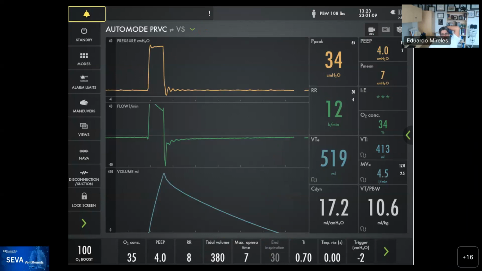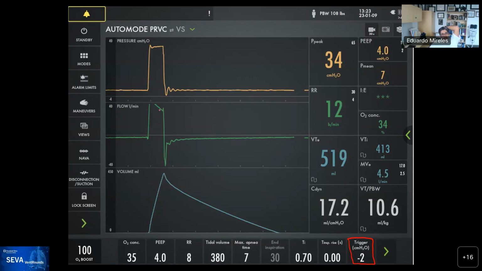And so what we did is we just changed the trigger to pressure, and this is the waveform that ensued immediately afterwards. And so you can still see the high resistance. You can see the absence of PMOS. I mean, you don't see any evidence of PMOS in the pressure or on the flow waveform.